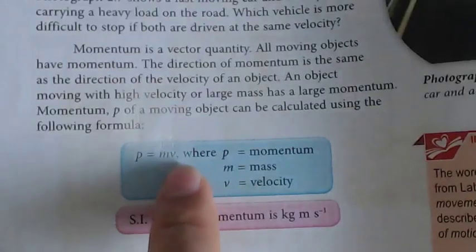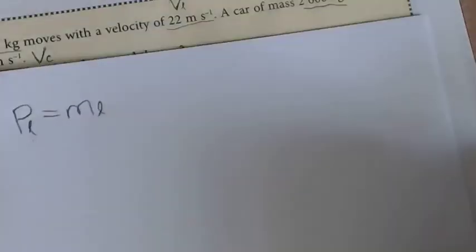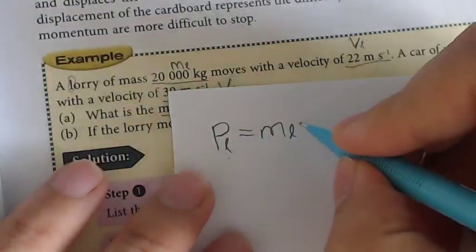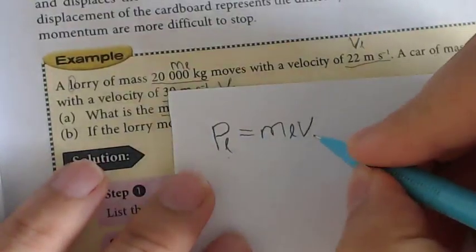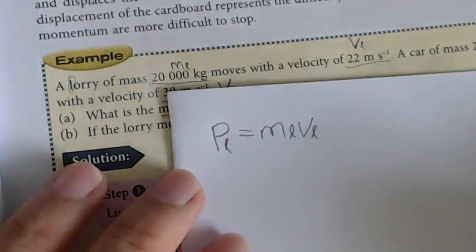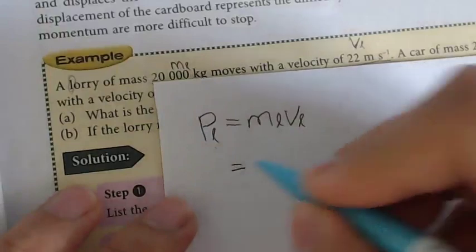And we know the formula for momentum: we take the mass of the object and multiply with its motion, the velocity of the lorry, of course, not the other thing.